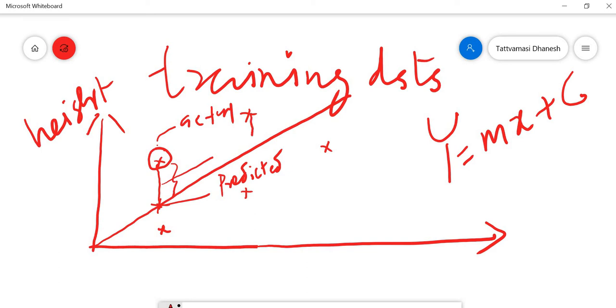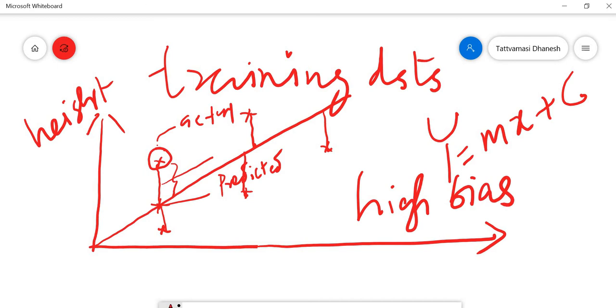Here also it's giving an error. See, here also it's giving an error. So that means towards the training data set, our model is having a high bias. So this is about bias.